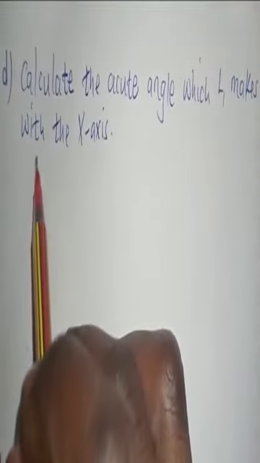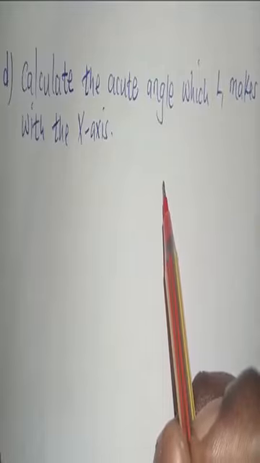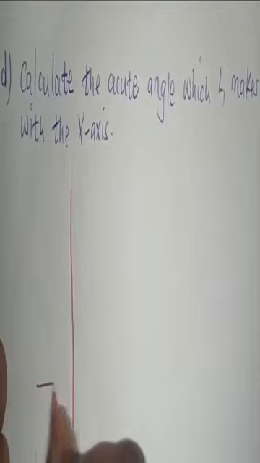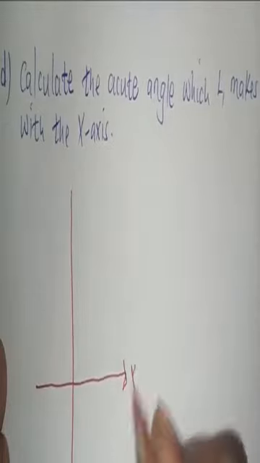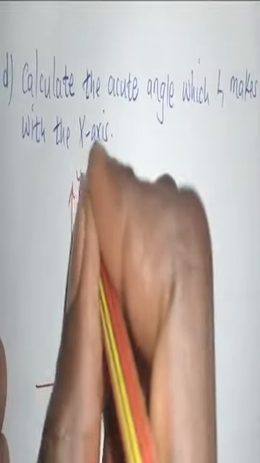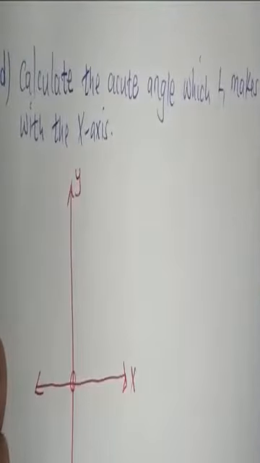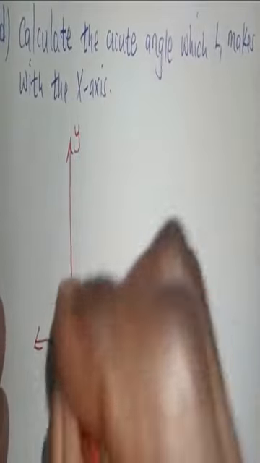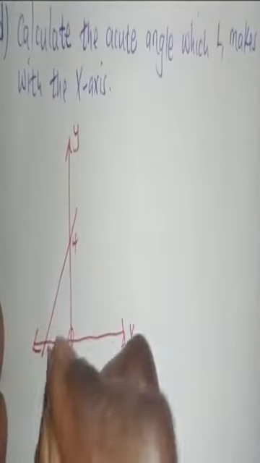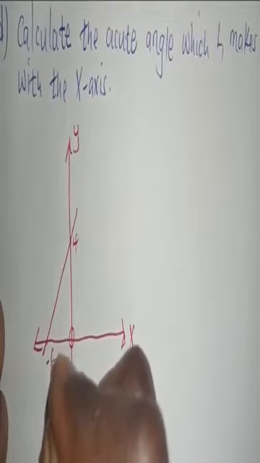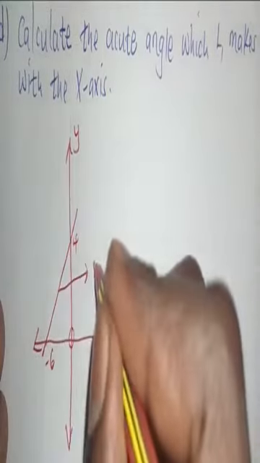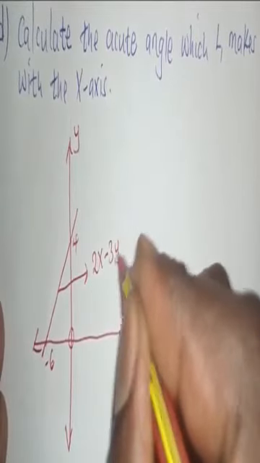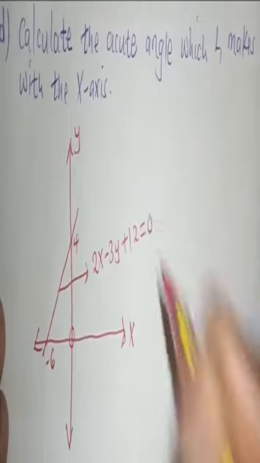Now D, calculate the acute angle which line 1 makes with the x-axis. Now given the Cartesian coordinate plane, this is the origin, with x and y axes, so you have the straight line with y-intercept 4 and x-intercept negative 6, and the equation of this line is 2x minus 3y plus 12 equals 0.